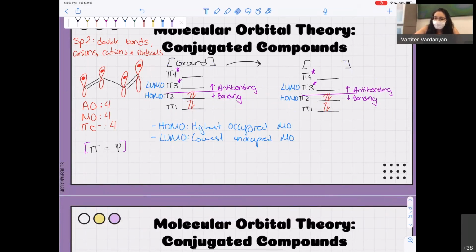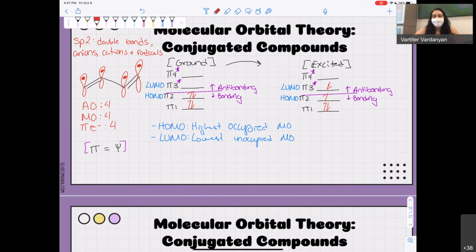In the excited state, the only thing that changes is one of these electrons in the HOMO jumps up into the LUMO. The name doesn't change. Pi 3 is still LUMO. Pi 2 is still the HOMO. 1 and 2 are still bonding. 3 and 4 are still antibonding. The only thing that changes is the electron.